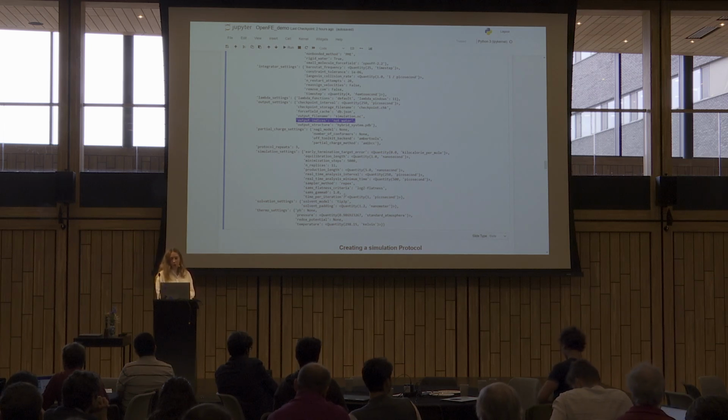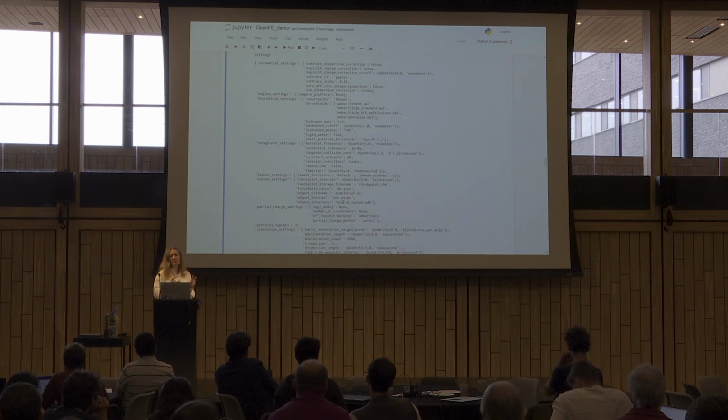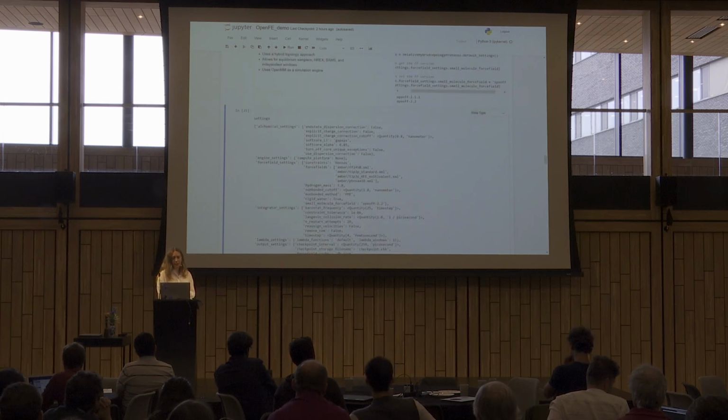Our solvent model is TIP3P, and I know this is a very big dictionary with a lot of things. But I hope this helps the expert user to really get into this and be able to change the different settings. And we have these larger classes.